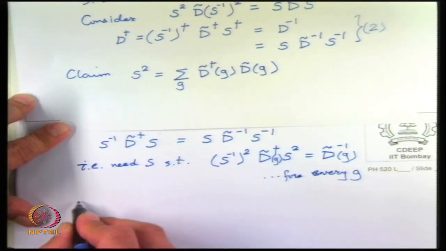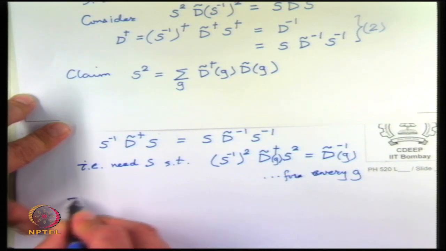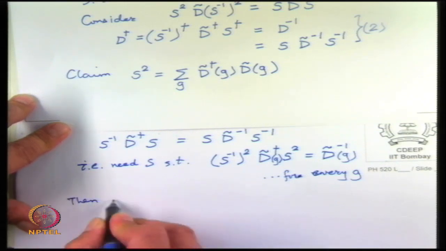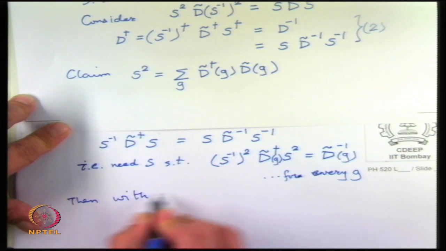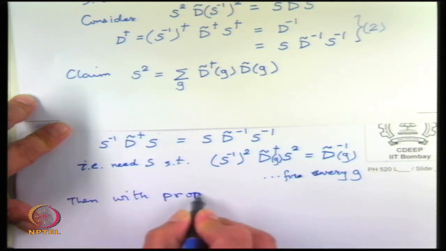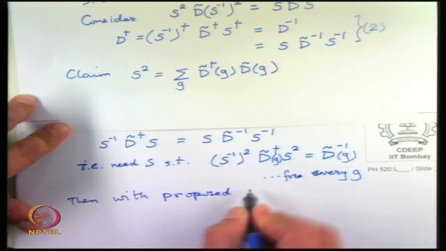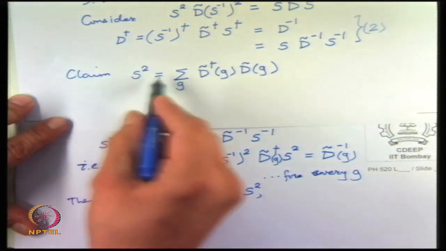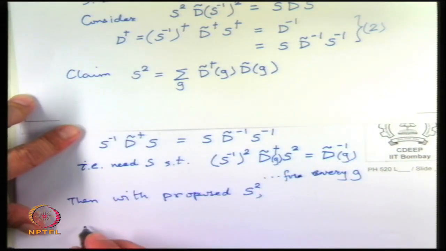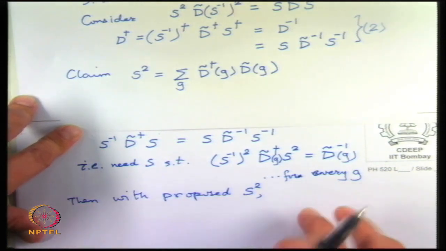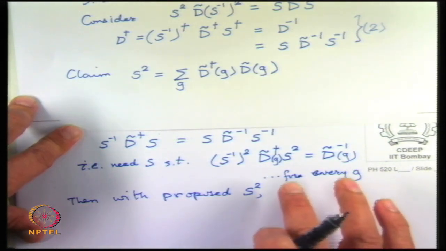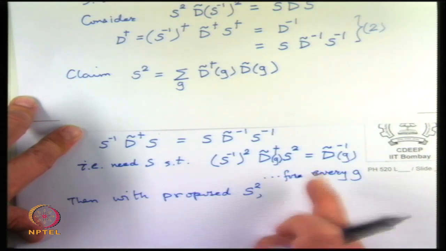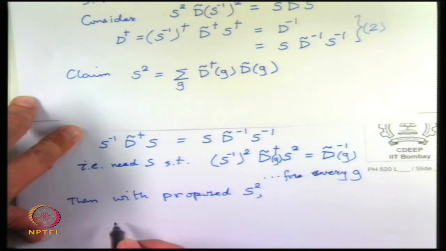So consider, and now this was G, let us write some H and write this summation. So S squared inverse is, so what we do is that we try to convert it into a property for S squared.